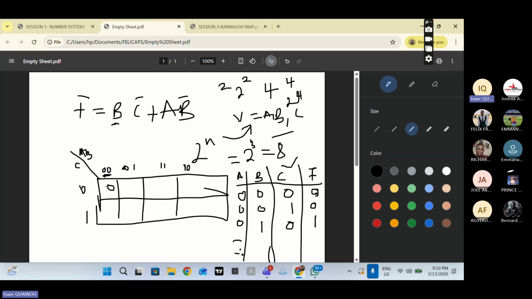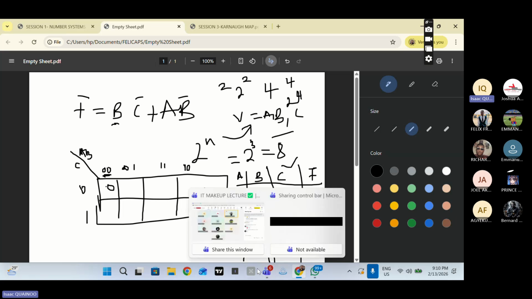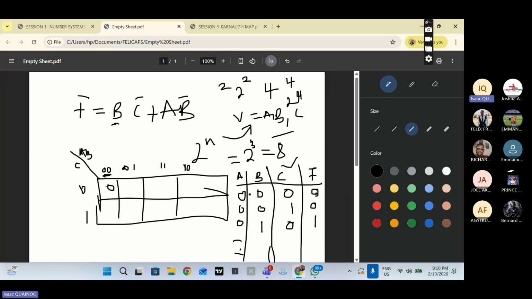Etcetera. So we know that the set of all possible input combinations will be 8, right? So let us look at this. When AB is 0, 0, we can identify A is 0, B is 0, and C is also 0. That's this particular box right here. Then the F value is 0. The second box is when A is 0, B is 0, but C is 1. So you know you are referring to this box here.